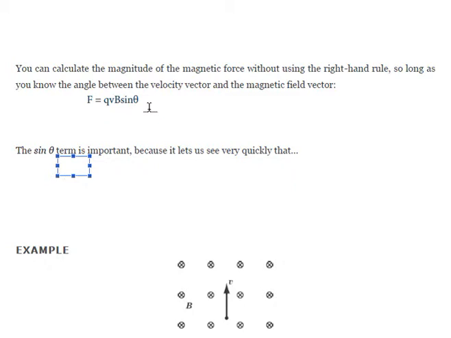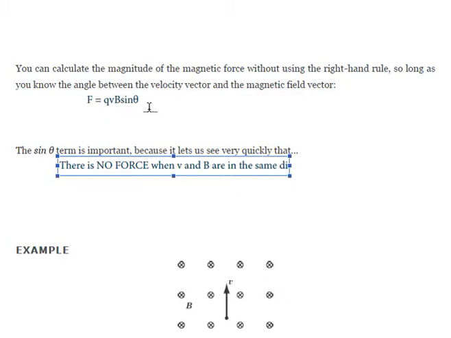So the sine theta term is important because we can see very quickly that there is no force when V and B are in the same direction. So no force when V and B are in the same direction.